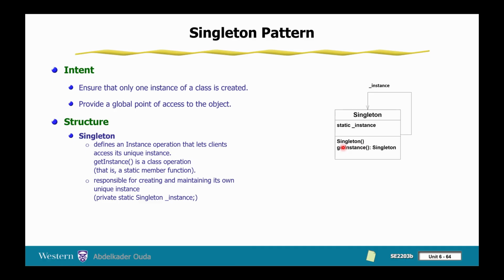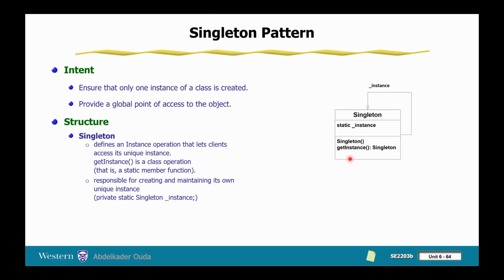This is the only situation where we need to define the constructor as private. The reason is to prevent any other object or class from using the keyword new. So the first step: define the constructor as private.